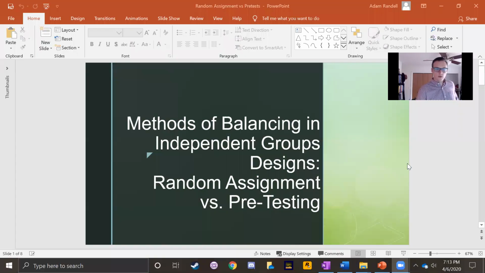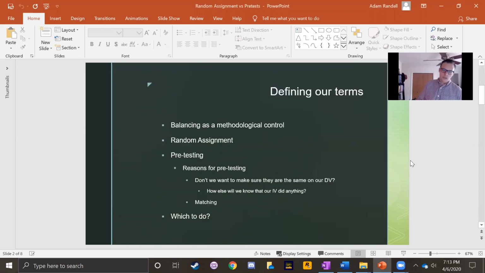All right, here we go. So again, we're really going to talk about these two primary methods of balancing, random assignment and pre-testing. Now, again, as I mentioned before, balancing is a tactic of methodological control in which we try to take subject variables. These are individual differences. These are characteristics that individuals in our study differ on.